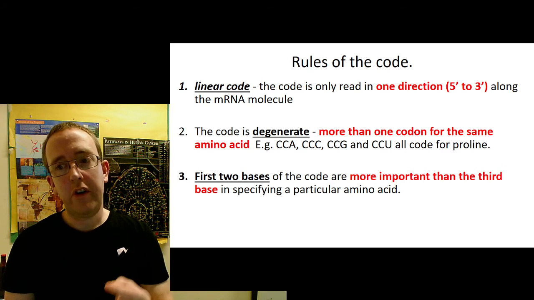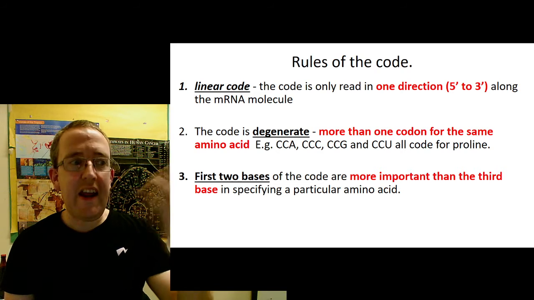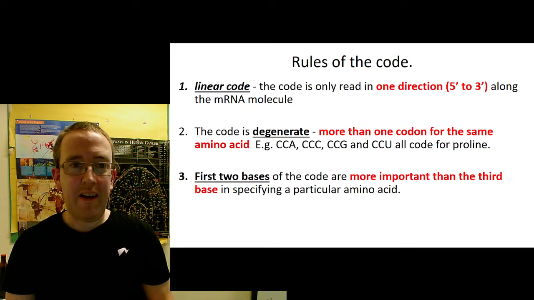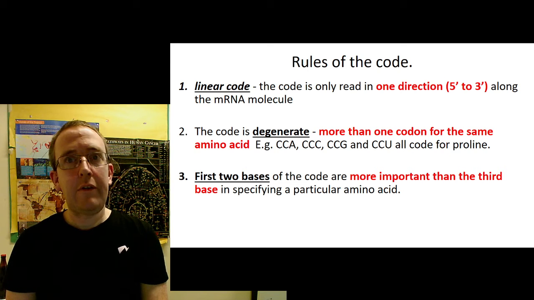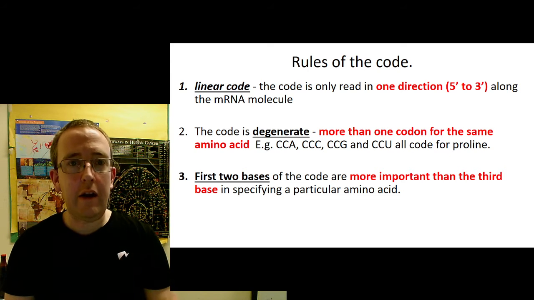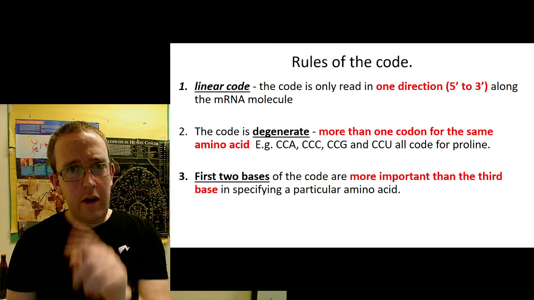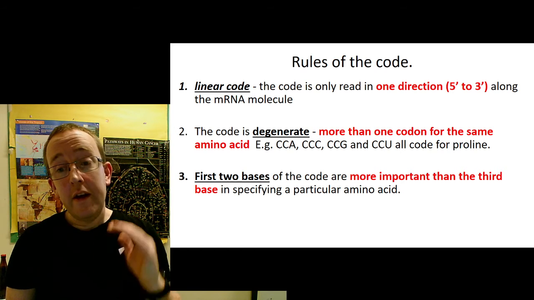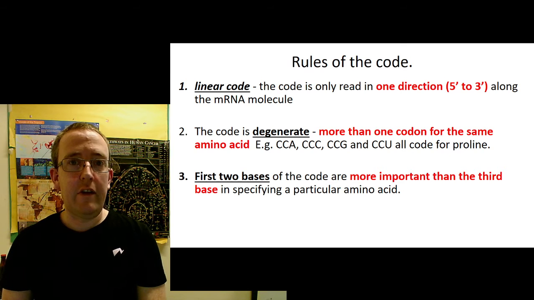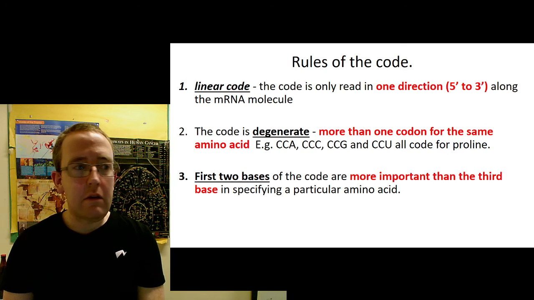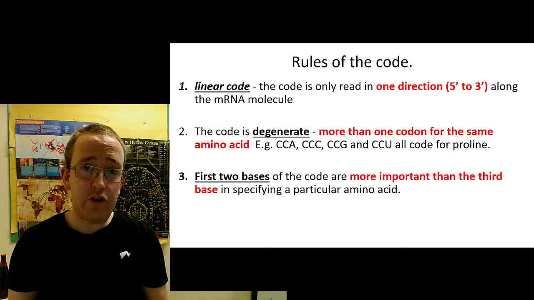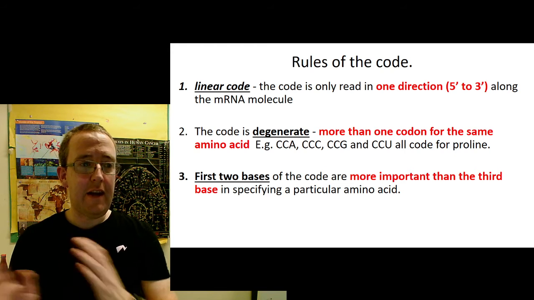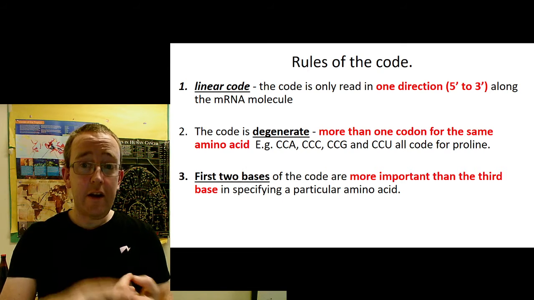So what's happening there is it's like Ellie could be spelt E-double-L-Y, E-double-L-I-E, E-double-L-I, E-double-L-E-E if you're being particularly awkward, or the completely inexcusable E-double-L-I with a little heart over the top. No excuse for that. But if you change the first letter to Melly, Belly, then of course it changes the sound of the word. Very similar: last base, less important than the first. So it's linear, it's degenerate.